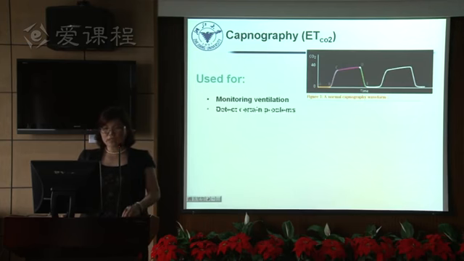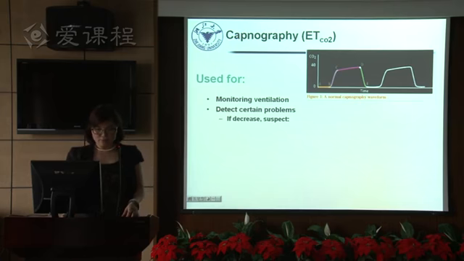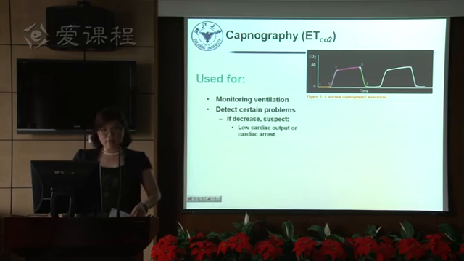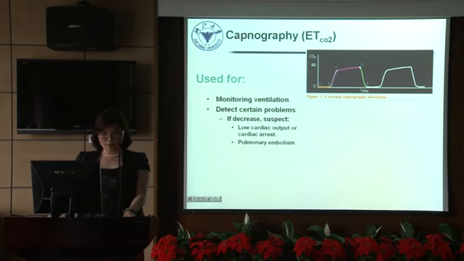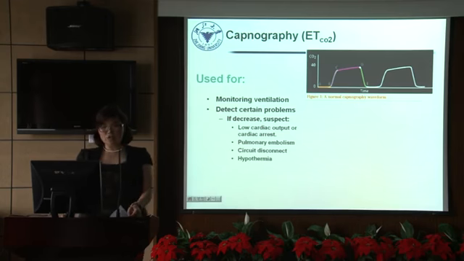And the EtCO2 monitor, you use it for monitoring ventilation and to detect certain problems. If it decreases, usually we can suspect low cardiac output or cardiac arrest, sometimes pulmonary embolism or circulatory disconnect or hypothermia.